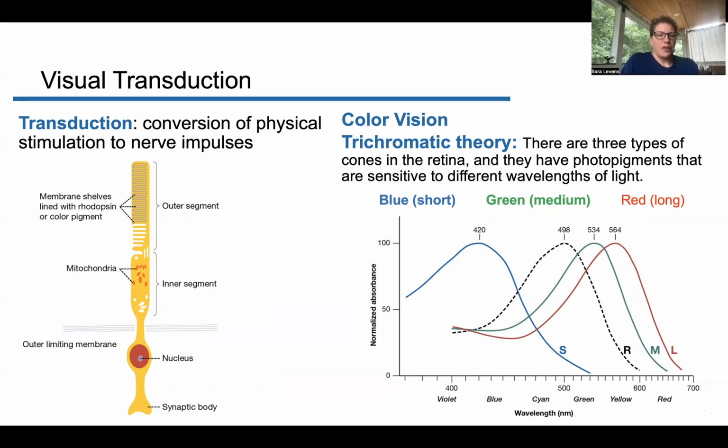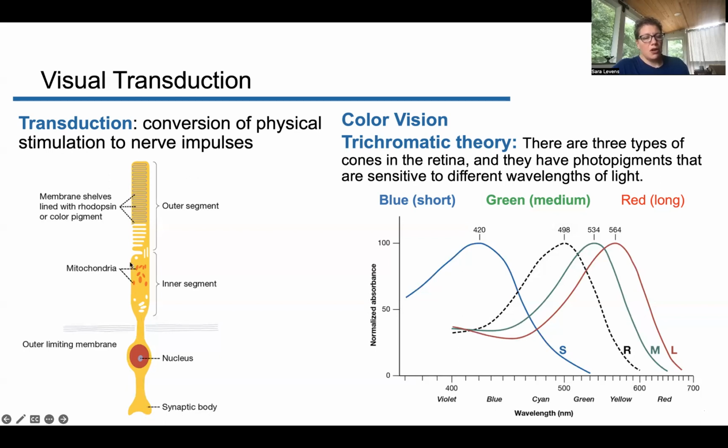This physical stimulation can be achieved in many ways. It all depends upon the receptor. But here is a basic example of a rod, looking at it at a more cellular level. You can see it's got its nucleus. Here's its synaptic body, where it's going to connect up with other things.